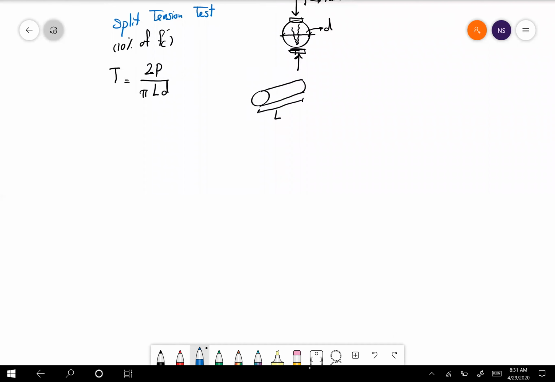Okay, and then there is a third type of testing, which is also very common in the concrete testing process. That's called flexural testing, or flexural strength test.